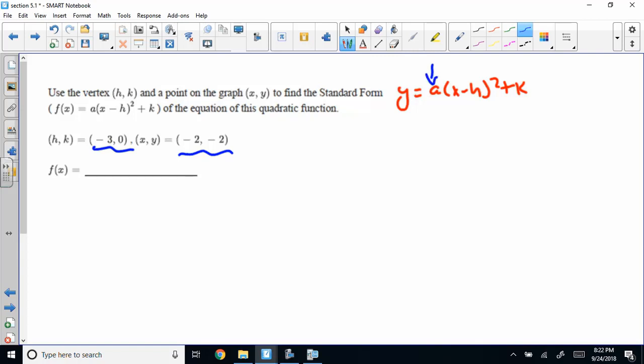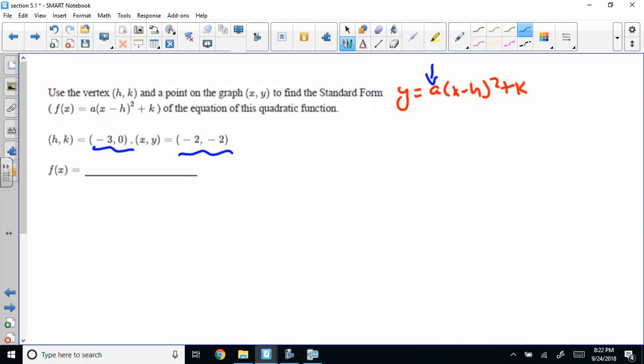What's the one thing that it didn't give us? The a, right? They gave us an h and k and an x and a y. So the only thing that they did not give us was a, right? Y'all see that?